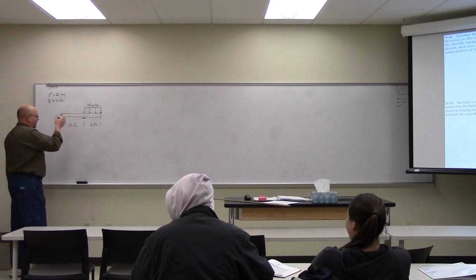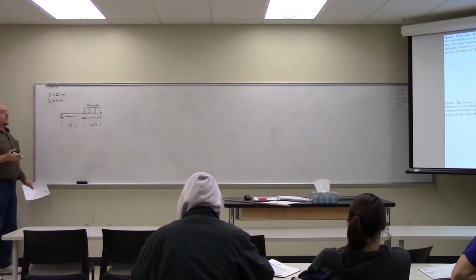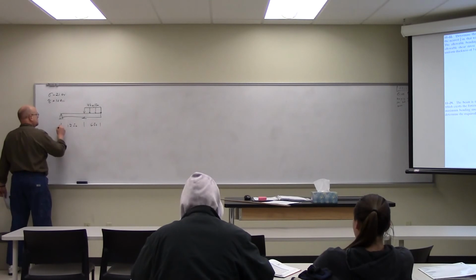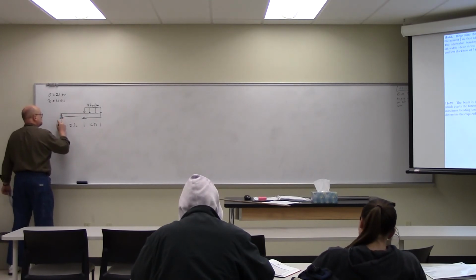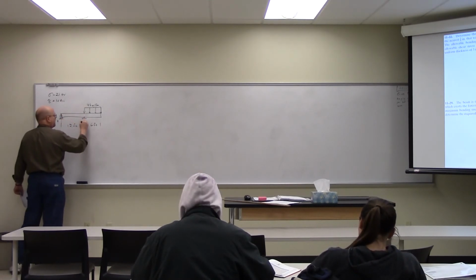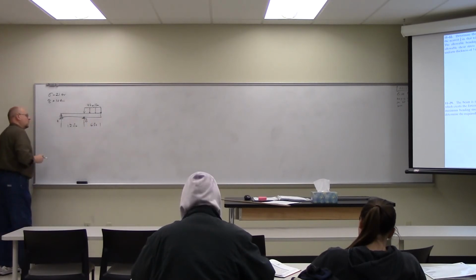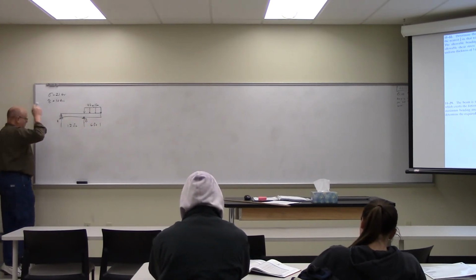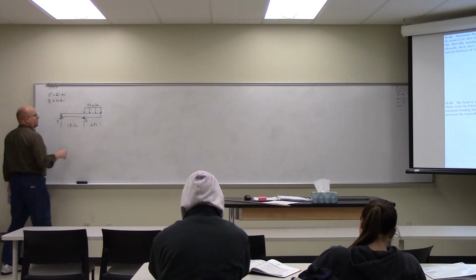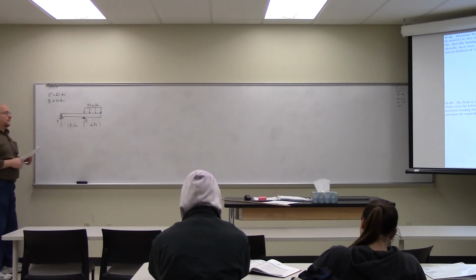All right, let's go. What do we got? We need to find our reaction forces. Find the reaction forces, very good. Summation of Y, reaction forces A and B. 4 kips per foot times 6 feet is 24 kips, right?